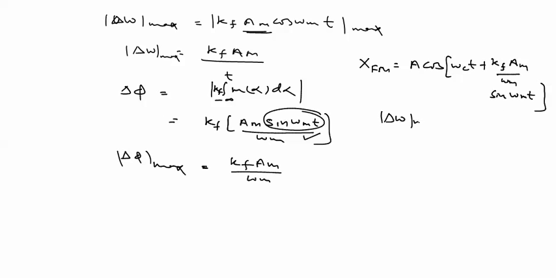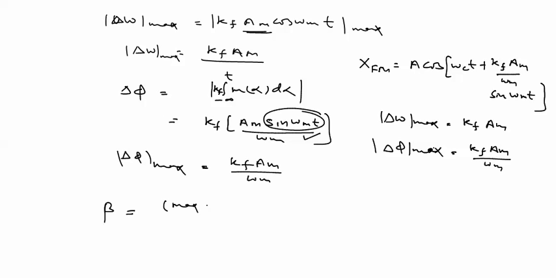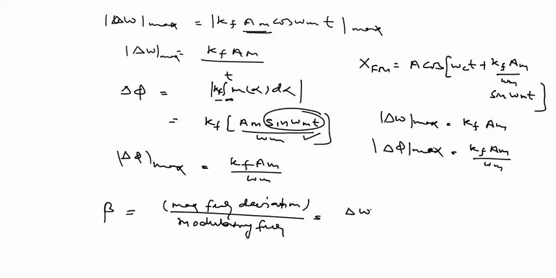Maximum frequency deviation is kf am. Maximum phase deviation is kf am over omega m, and the definition of beta is maximum frequency deviation upon modulating frequency. I write down the expression again in mathematical terms.